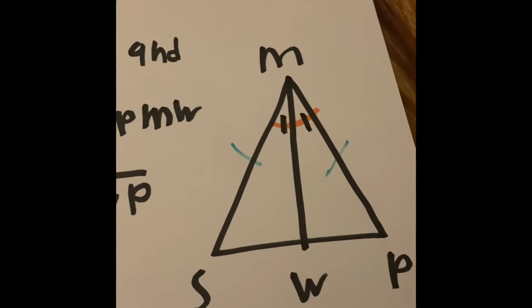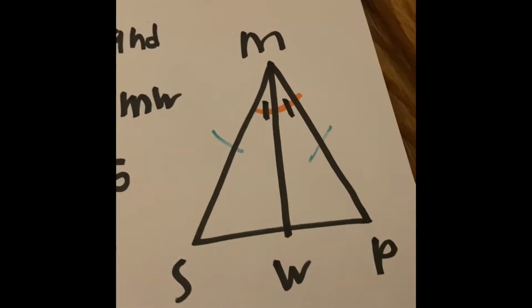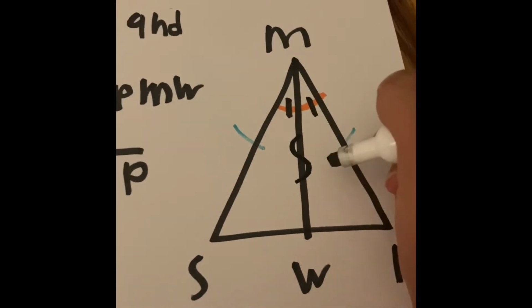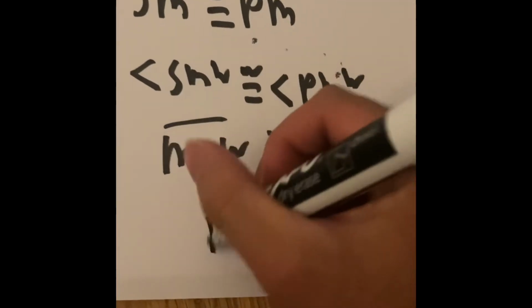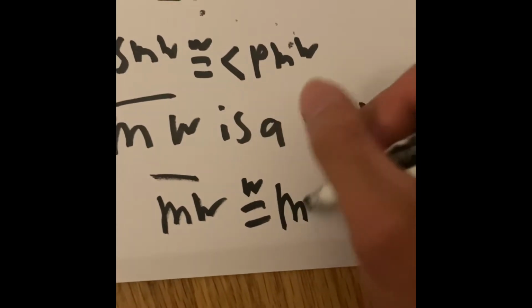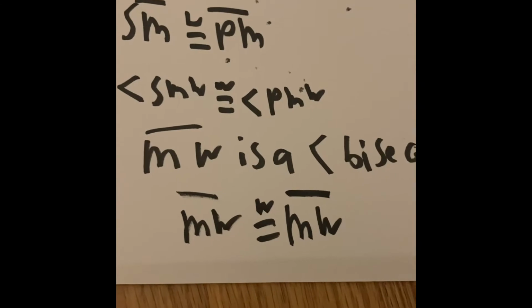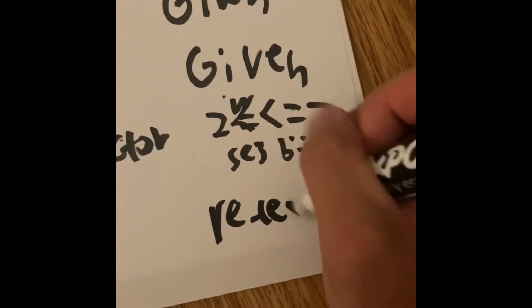What we can say is it's not only a segment bisector, but it's basically congruent to itself. And when we say that, we're going to say that MW is congruent to MW. The reason why is we can say it's the reflexive property.